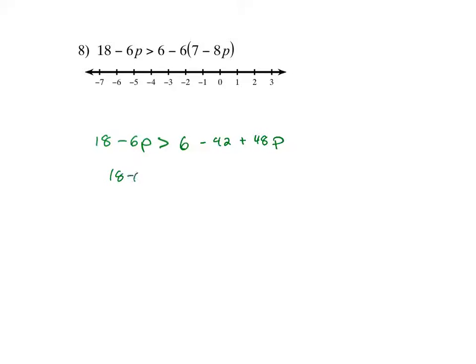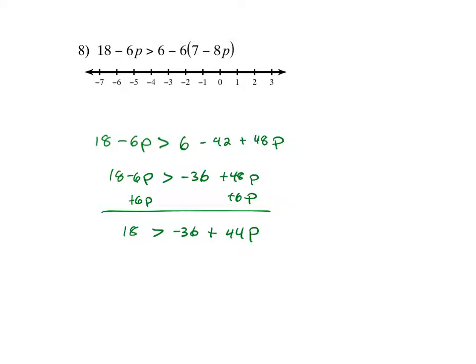Now I can simplify. So I have negative 36 plus 48p, plus 6p. So 18 is greater than negative 36 plus 54p.